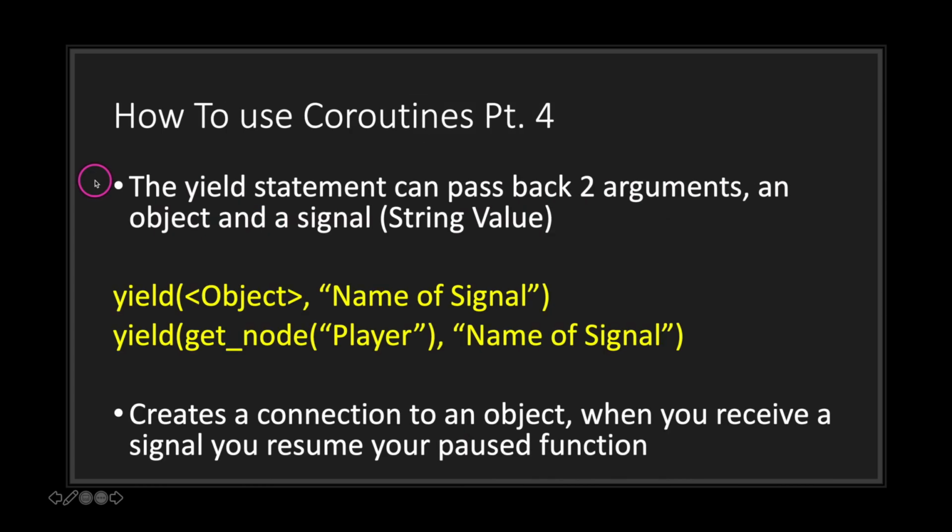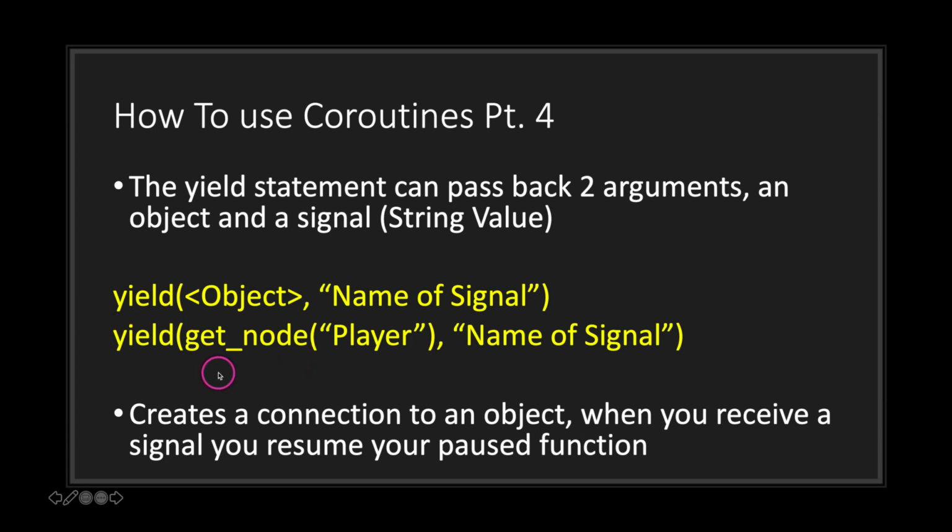Now the yield statement can pass back two arguments, an object and a signal, which has to have a string value attached to it. So this is pseudocode. As you can see here, you have your object and then a string value with the name of your signal. And down here is an example of how you would use it.